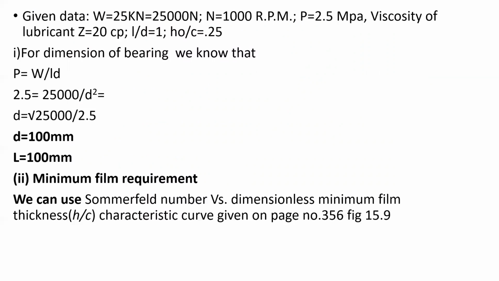Shaft speed is given as 1000 RPM. Pressure is given as 2.5 megapascal. Viscosity of lubricant, that is the dynamic or absolute viscosity, is given as Z equal to 20 centipoise, which we have to convert into newton second per meter square. L by D ratio is equal to 1, and the dimensionless film thickness h naught by c is equal to 0.25.